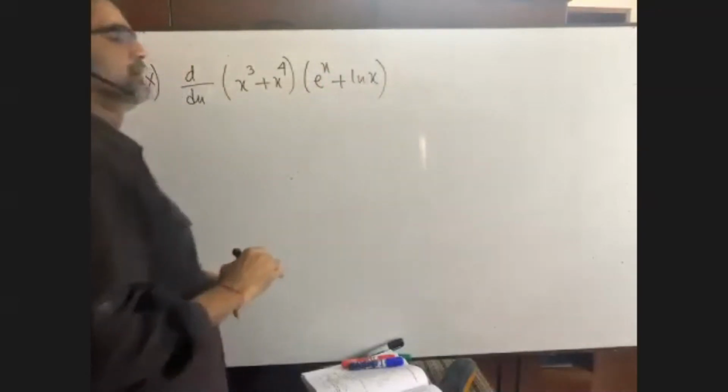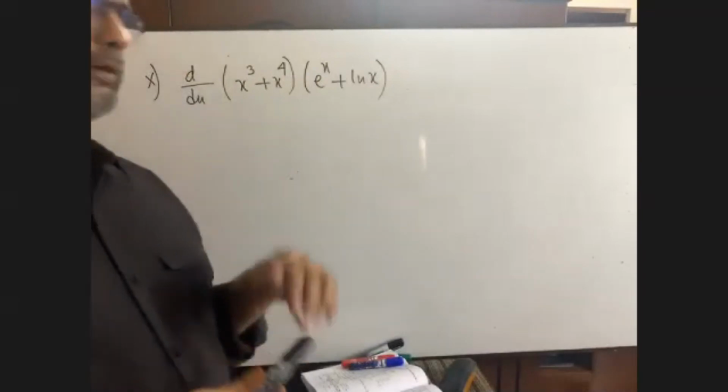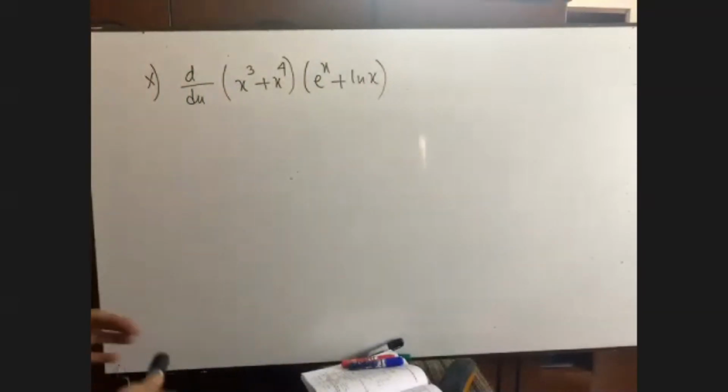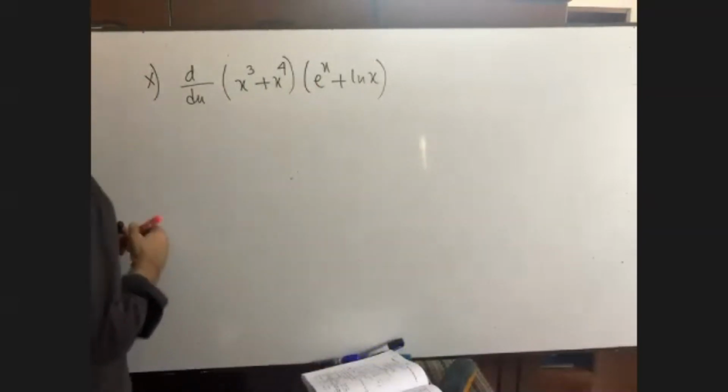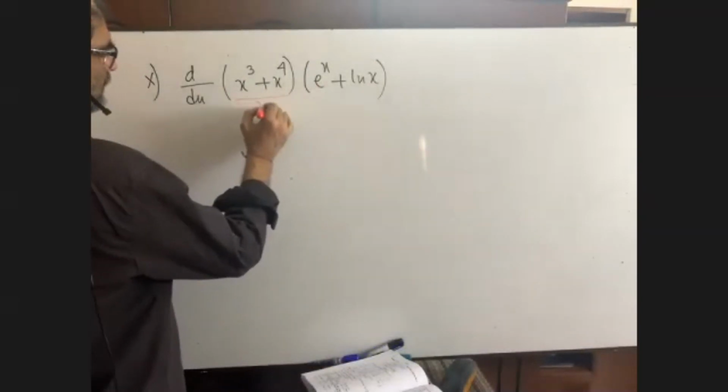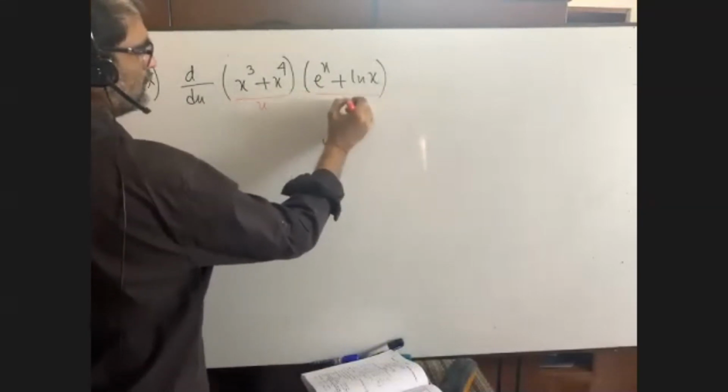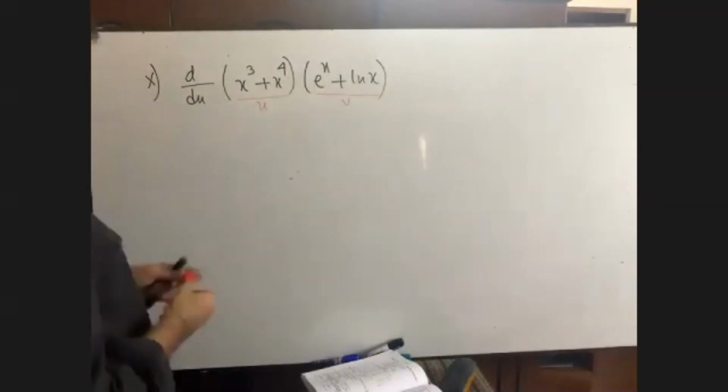Oh, I'm sorry, x cube plus x to the power 4. Who can do this math? Don't be afraid of seeing the math. It is u, it is v. Now do it.